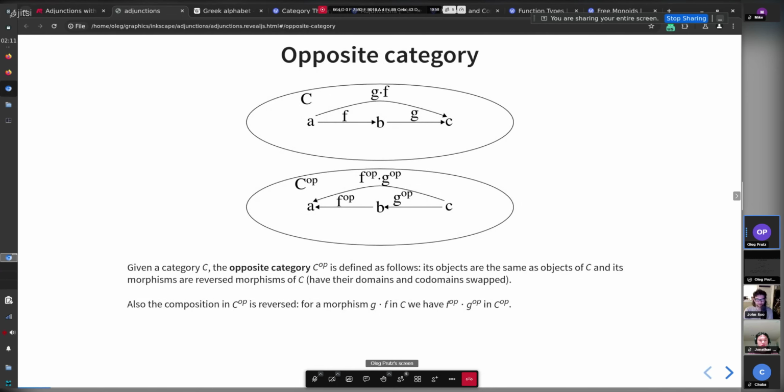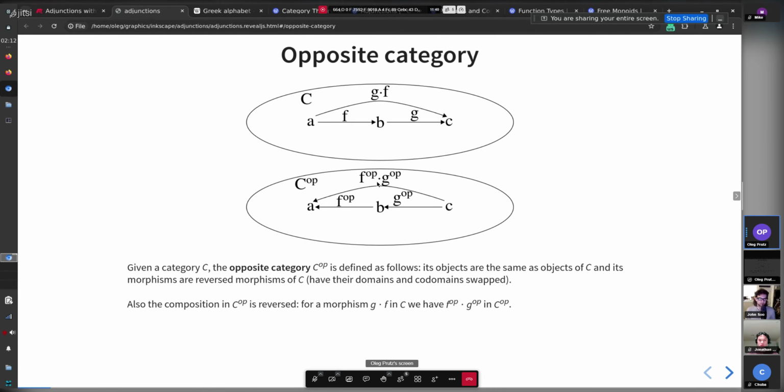Now there are important examples or special cases of categories that we will be using. So if you have a category C, you can define an opposite category, C with the notation with the superscript OP, and the objects of the opposite category are the same, and you reverse all of the morphisms.